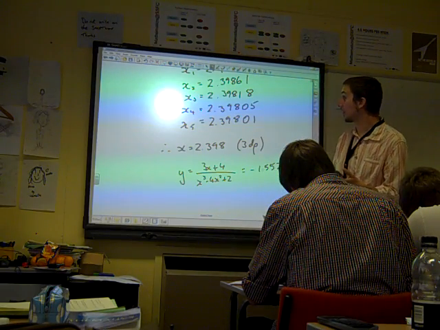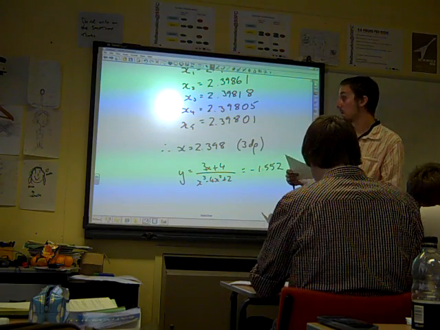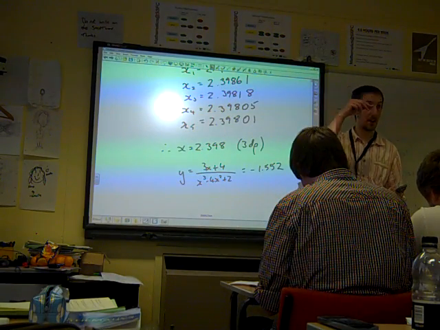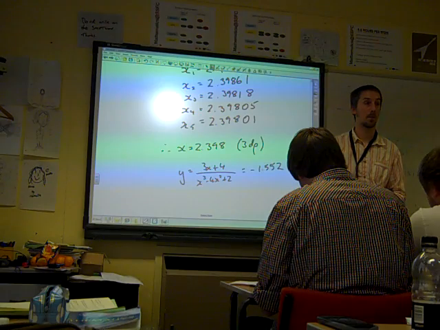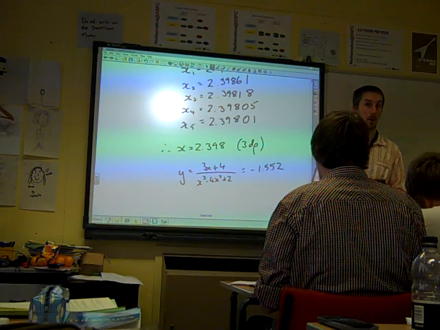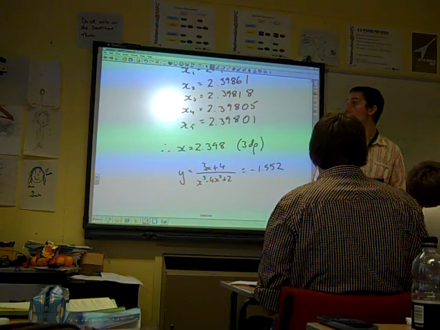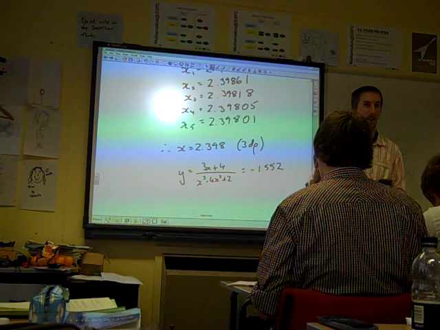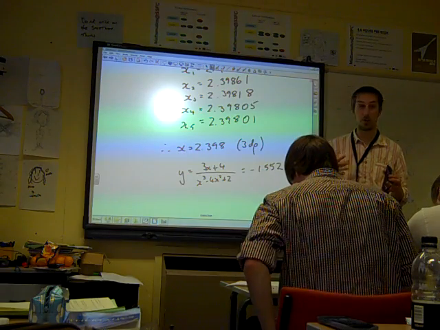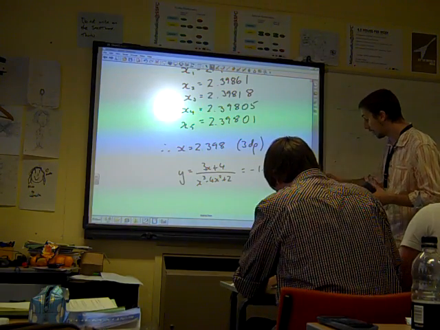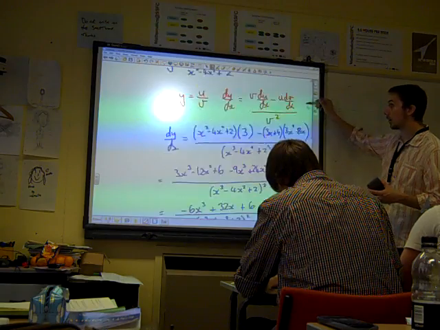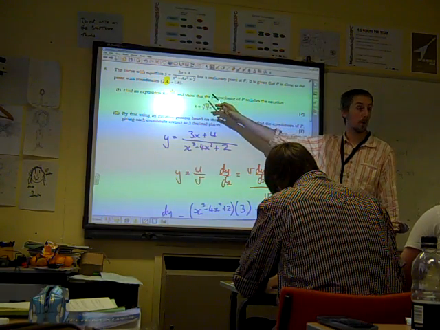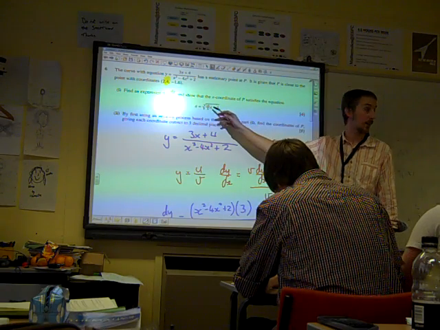They want you to get at least 3 iterative values. I wrote down 4, but they wanted to see at least 3 iterative values there. Mathematically, there's really not that much difficulty, especially in this second part. You could have got tied up in knots in part 1 and not arrived at that answer.